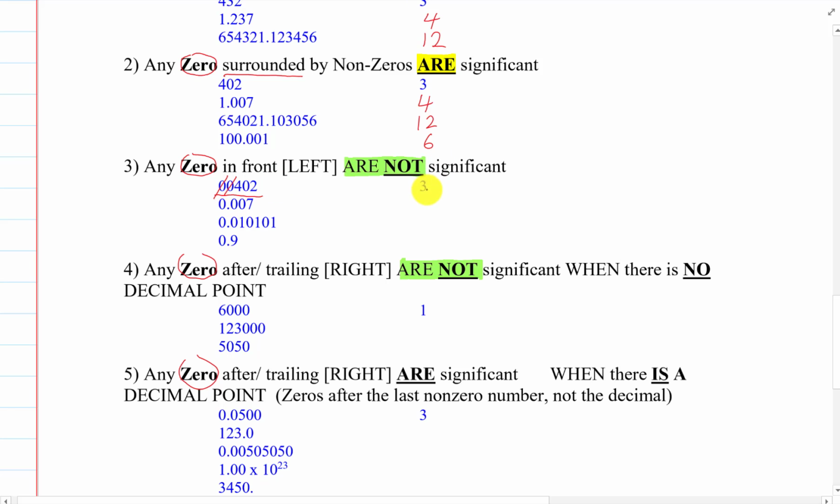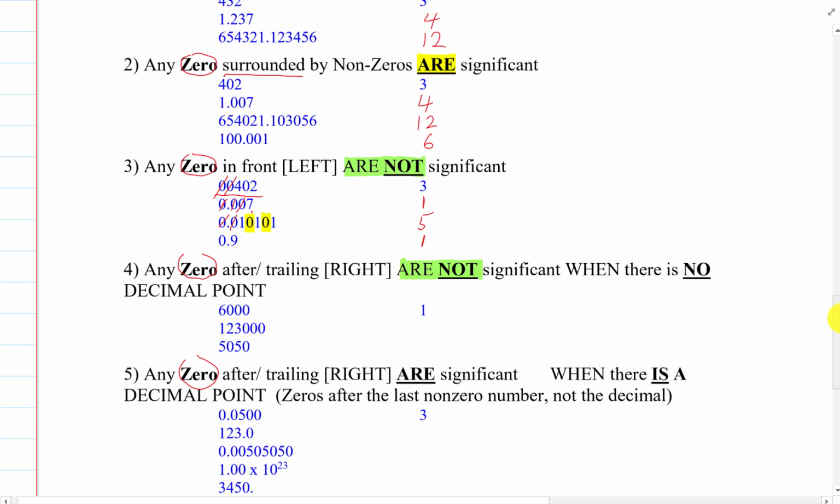Okay, so that gives us the 3. Now here's the one where you're allowed to have the zeros in front, 0.007. Those are in front of the significant number, so those are not significant. So that's 1 sig fig. These are not significant. But again, these zeros in between are significant. So the 10101, that's 5 sig figs. And the 0.9, that's 1 sig fig.